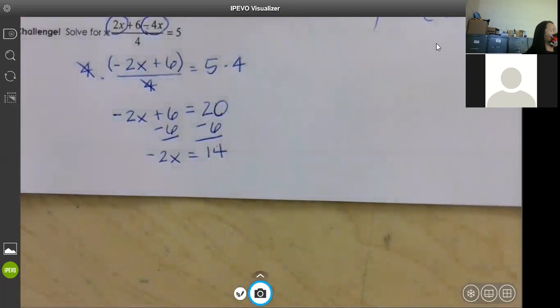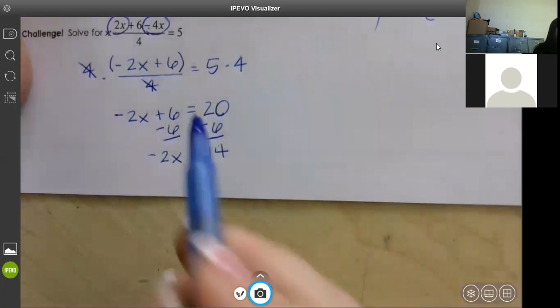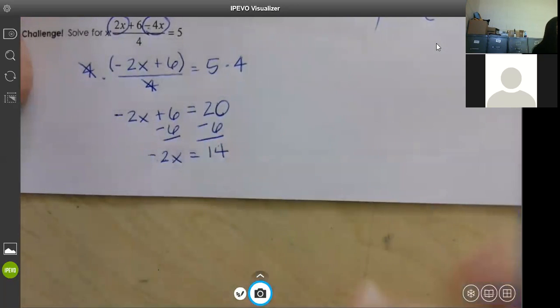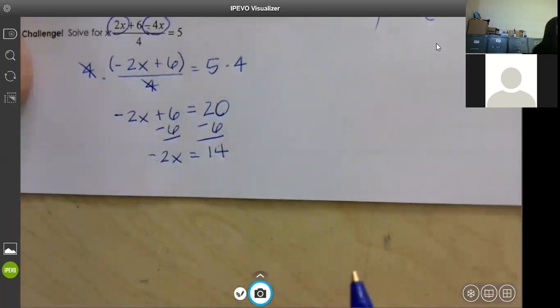Last step, how do I get rid of the negative 2? What are we doing between these two? What operation between negative 2 and x? Add, subtract, multiply, divide. Not quite. What are we doing? How would I read this?